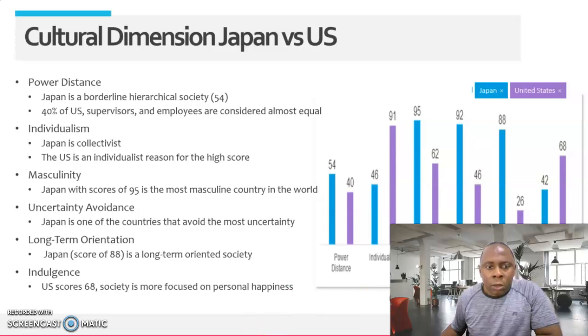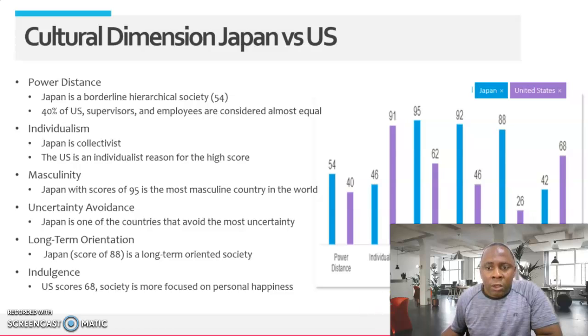The cultural dimension. So I have used Hofstede's dimensional view of cross-cultural comparison in between US and Japan. The first one, which is the power distance, expresses the attitude of the culture toward this power inequality amongst us.